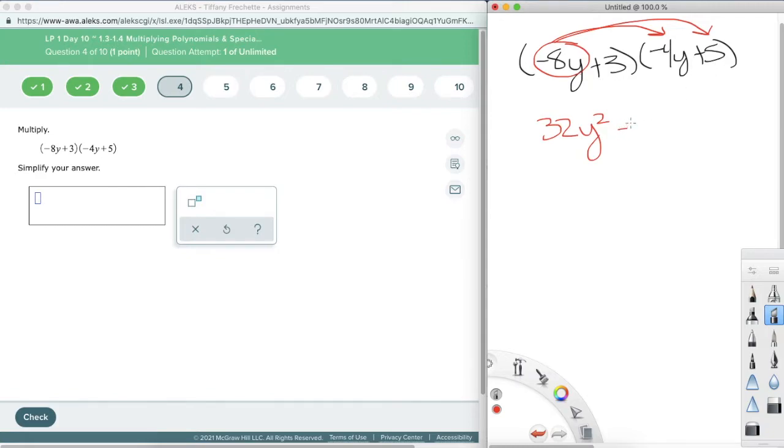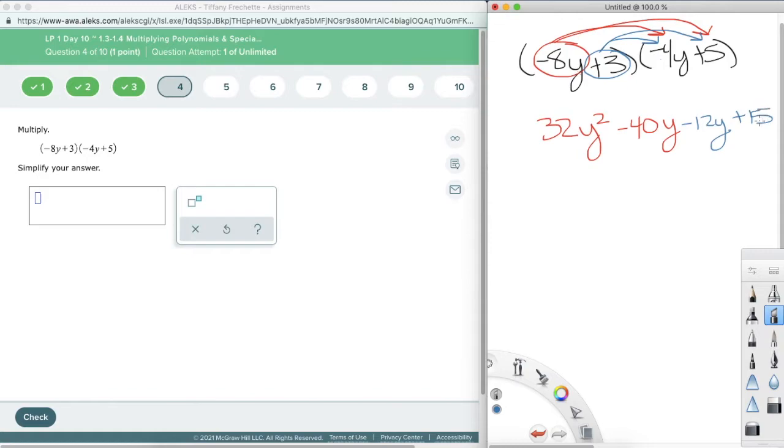And then we get 40, and just y because there is no variable over here. All right, so now we're going to do positive 3 times negative 4y. So we end up with negative 12y, because it's positive times negative, and we just tack the y on there. And then 3 times 5 gives us 15.